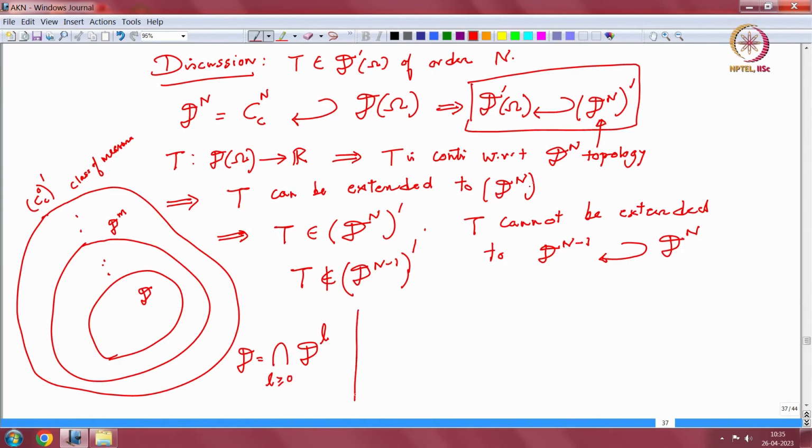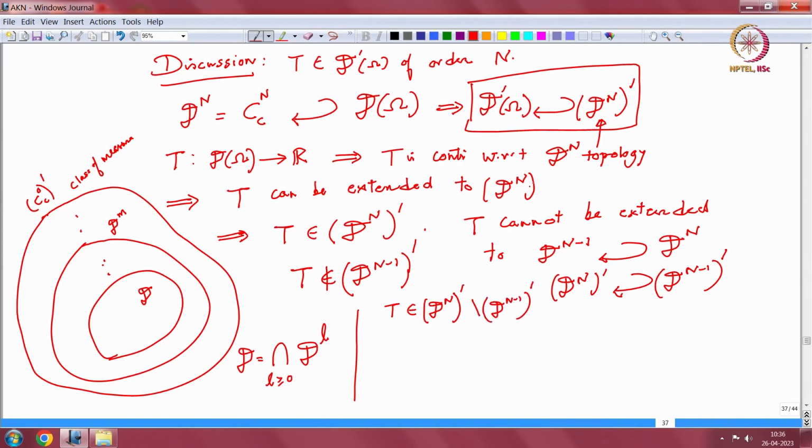So this precisely tells you that T belongs to D^n prime, and if you take its dual, it contains, because the D^(n-1) dual will be smaller. The dual reverses the whole process. So T is in D^n prime minus D^(n-1) prime.